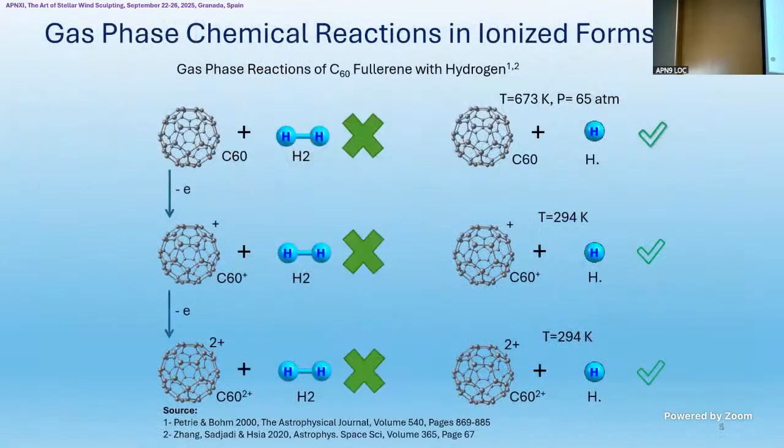The chemistry of them is enhanced. One of the characteristic features is that the neutral form of fullerene in the gas phase is not that reactive, even in the presence of a radical like the hydrogen radical.